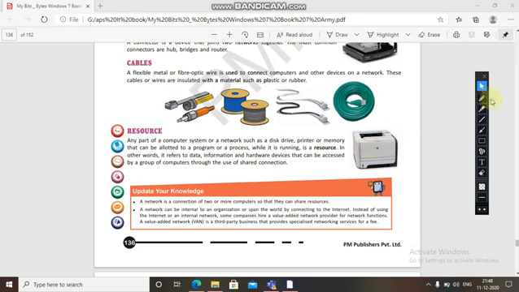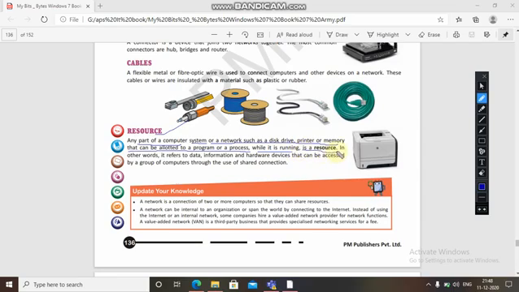Now, resource. Any part of a computer system on a network, such as disk drive, printer or memory, that can be allotted to a program or a process while it is running is a resource.